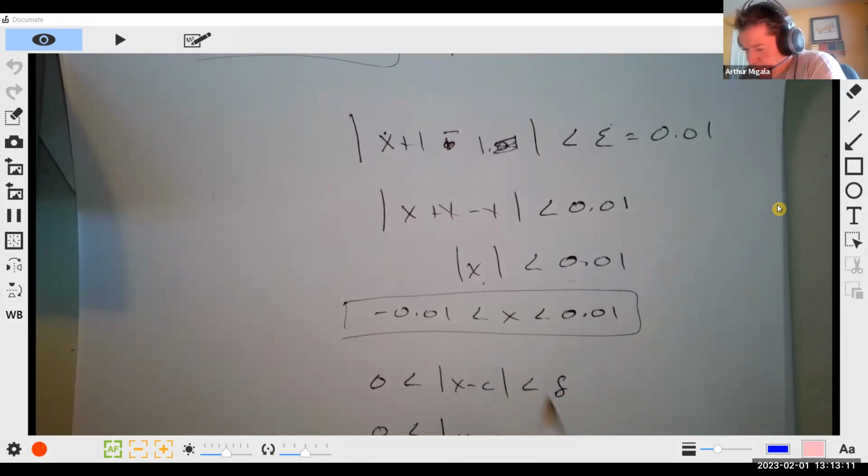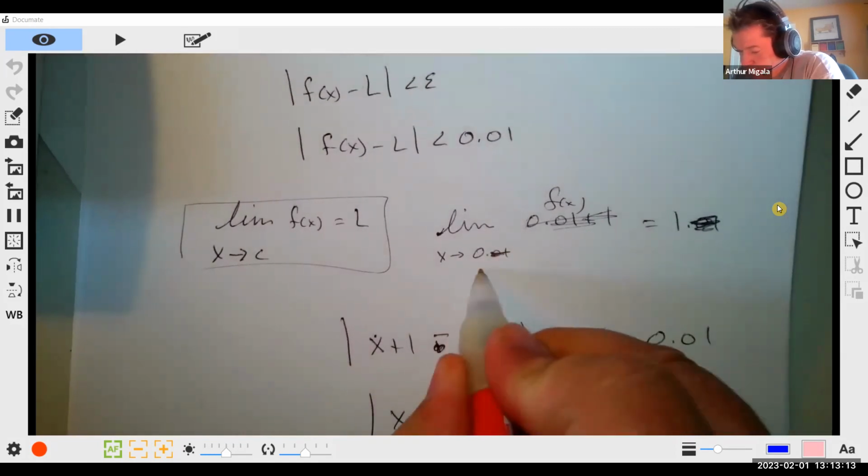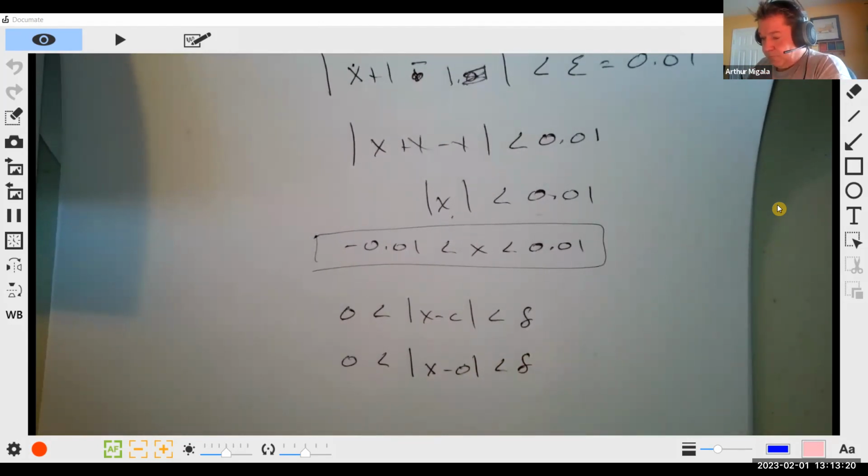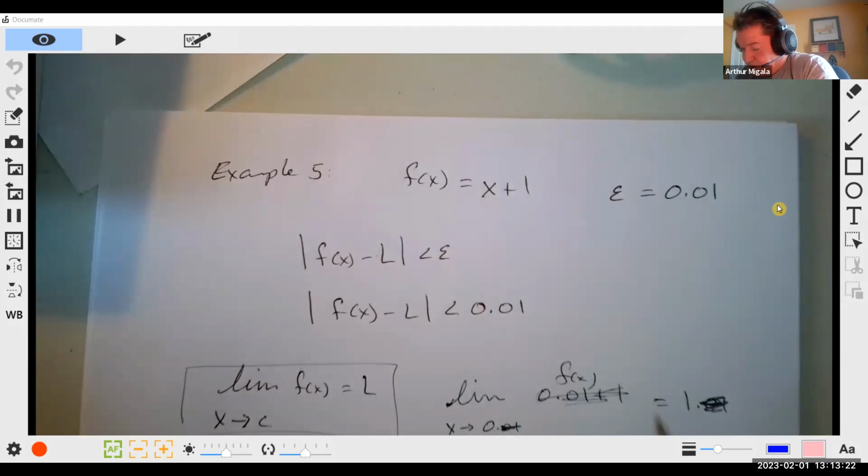So it has to be 0. The reason it has to be 0 is because remember I changed the answer.